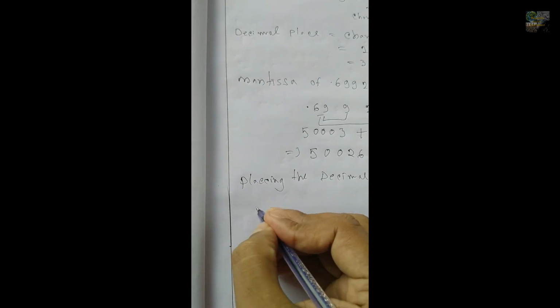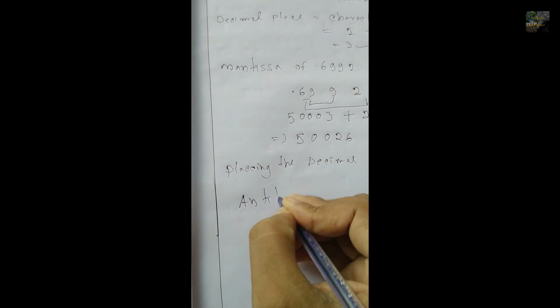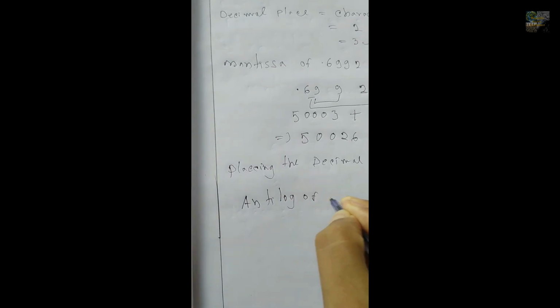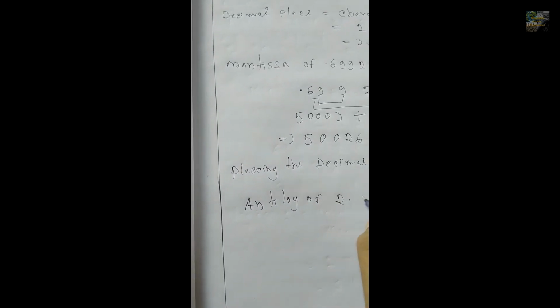So the anti-log of 2.6992 is 500.26. In this way, you can convert any given positive number into its anti-logarithm.